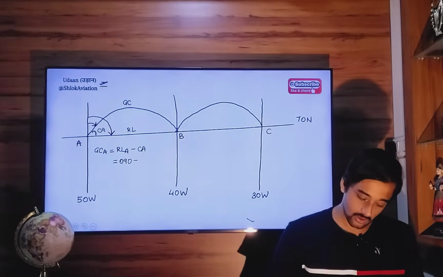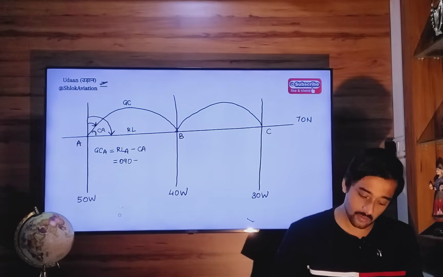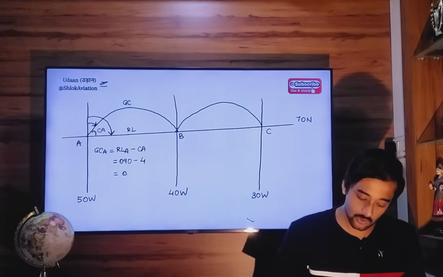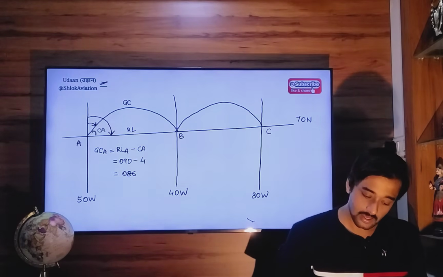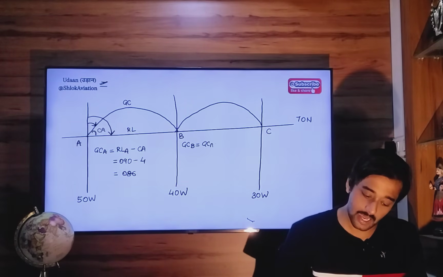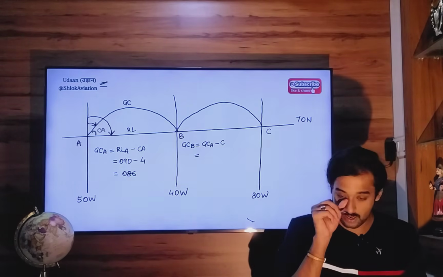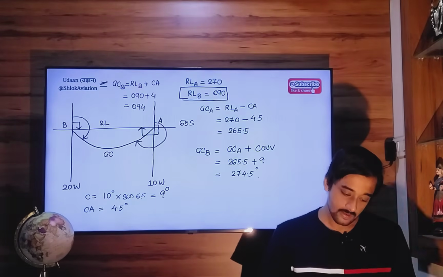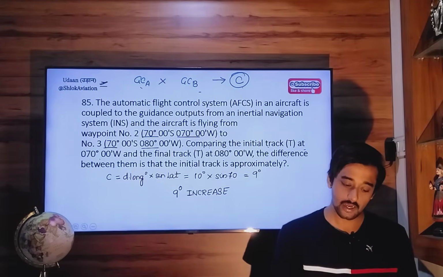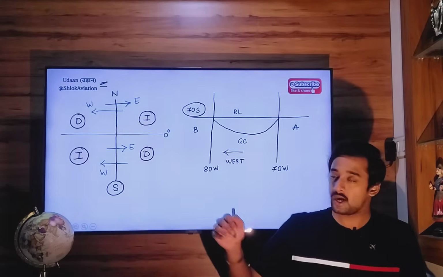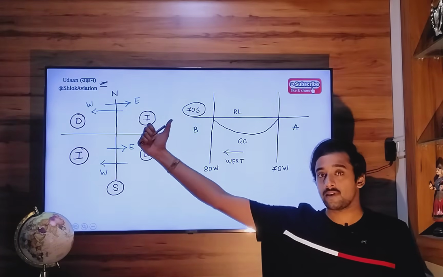Okay. So 090 minus 4 is 086. Great circle track at B will be great circle track at A minus convergency. Why minus? Because the difference between two great circle tracks is equal to convergency. Okay, the difference between two great circle tracks is convergency. And we are in the north hemisphere and we are traveling east.